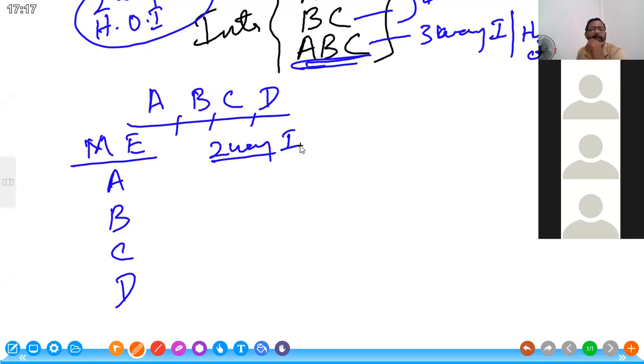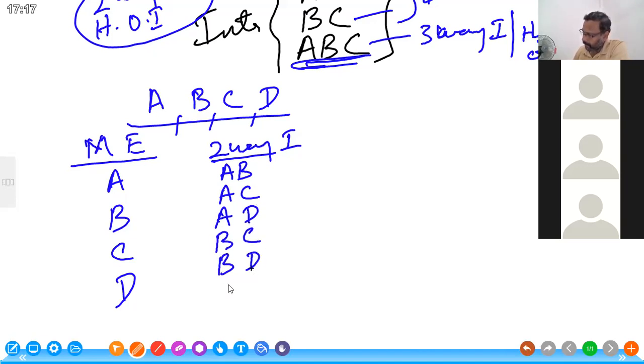How many two-way interactions are there? Rosha? Write down, tell me what those are. AB, AC, AD, BC, BD, and the last one CD. Okay, good.